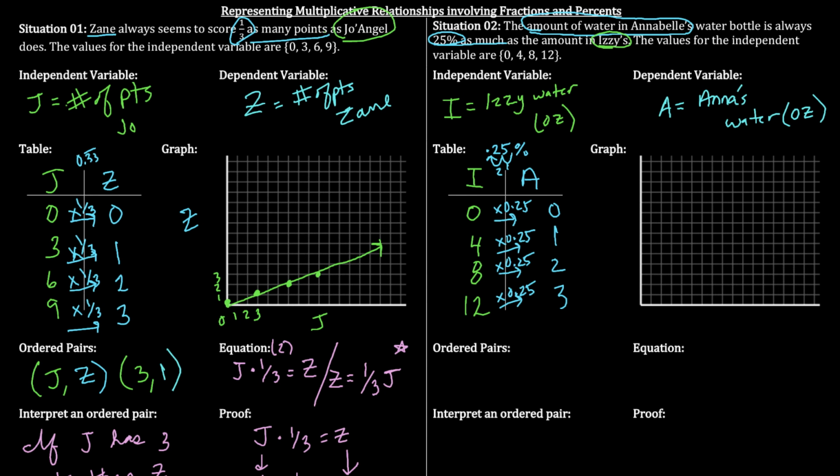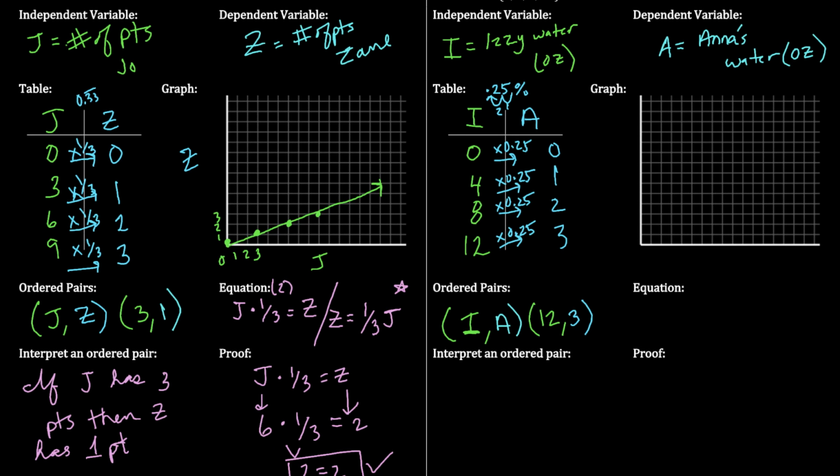And so the first water is Izzy's, and then Annabelle's water comes next. And for Izzy's, let's take like 12 ounces. That means Annabelle's would be at 3 ounces.